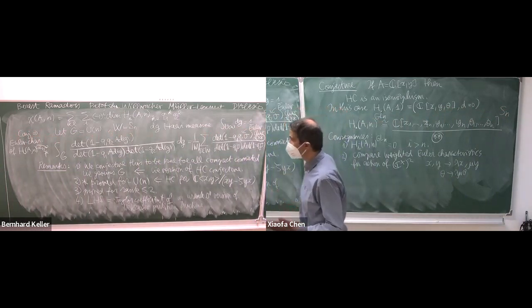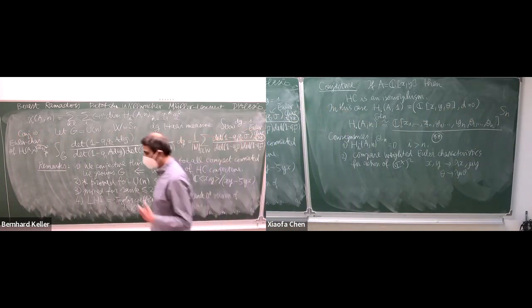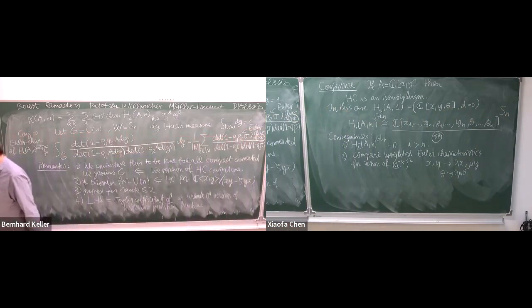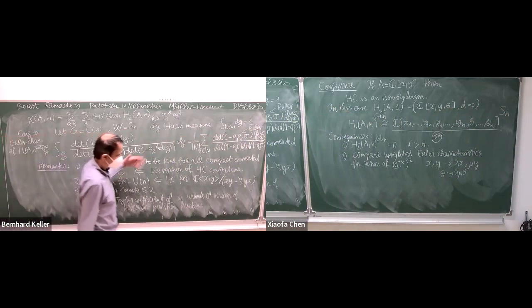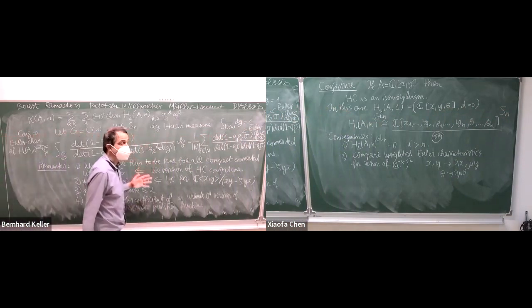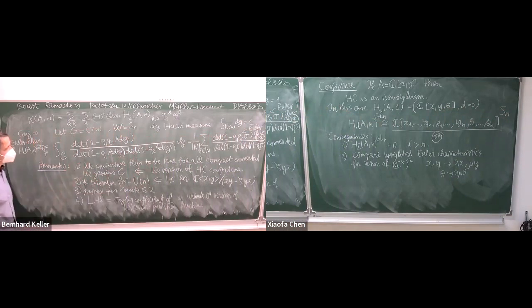So quivers with relations, the relations are the moment map condition, which appears in Nakajima's quiver varieties. So he constructs such derived representation scheme for these algebras of quivers with relations.